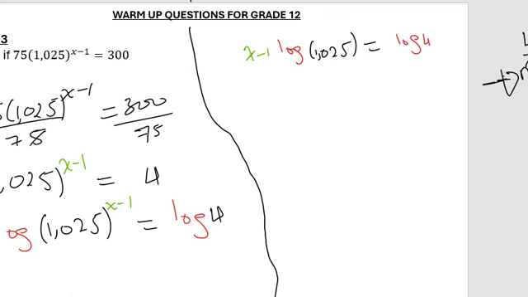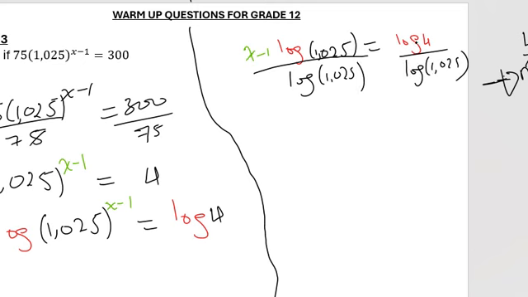Remember, I am solving for x. Since I am solving for x, allow me to divide by log of 1.025 on both sides. So on both sides, I will divide by log 1.025. So this and that goes out.